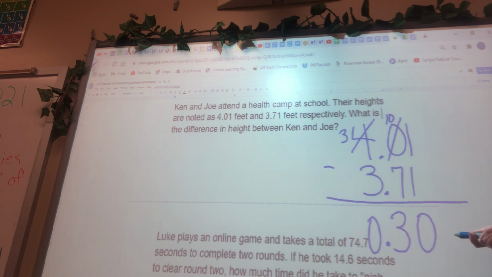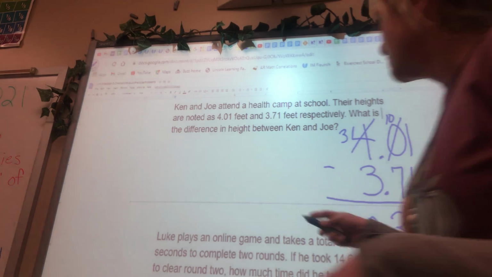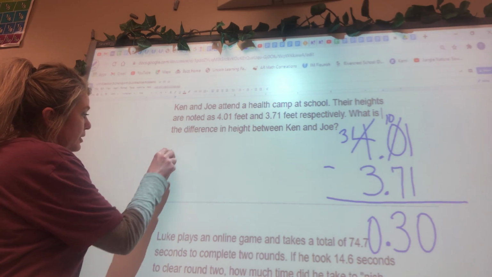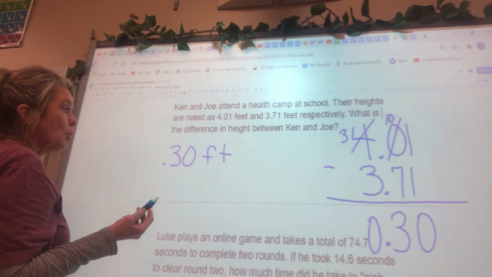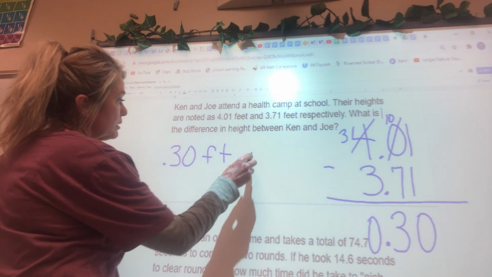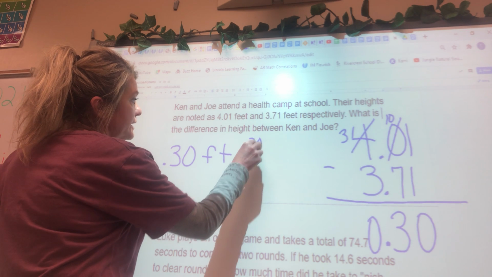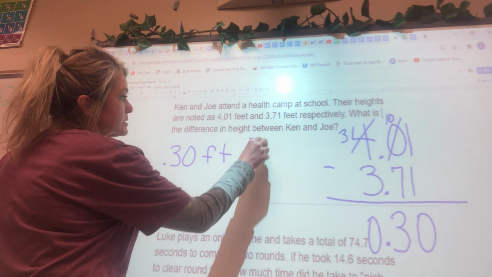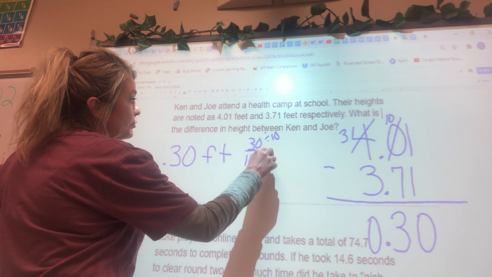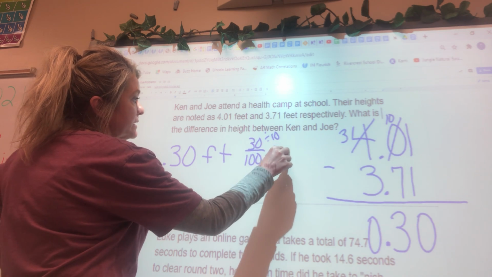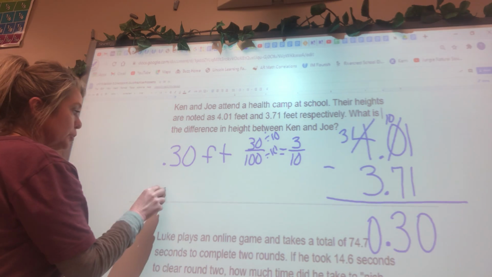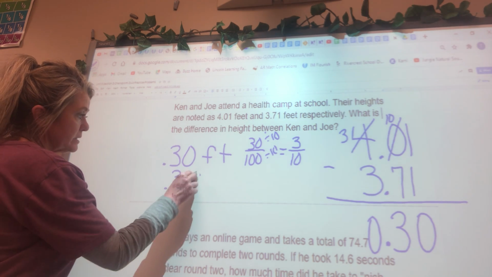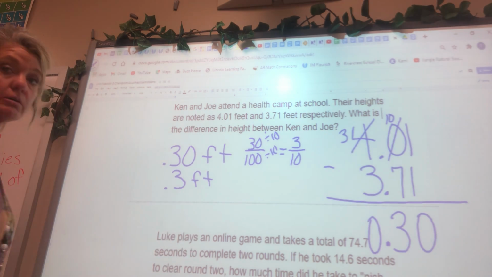So the difference in their heights is 30/100 feet, or we learned earlier that 30/100, if we divide each by 10, would be 3/10. So if you put 3/10 feet, that is also correct.